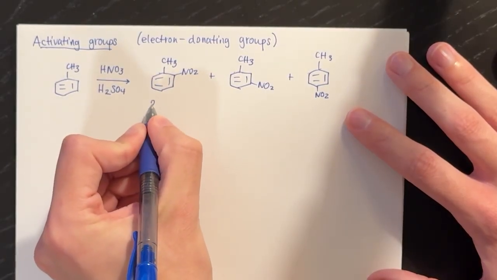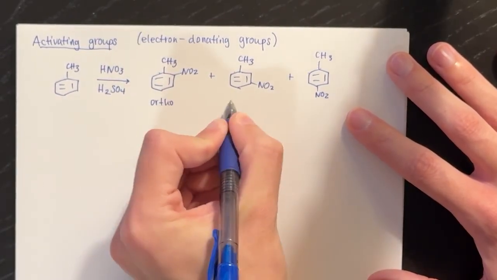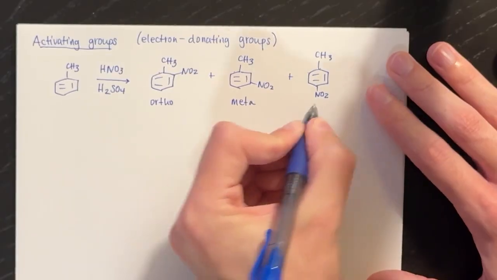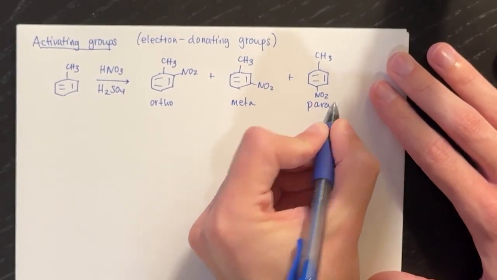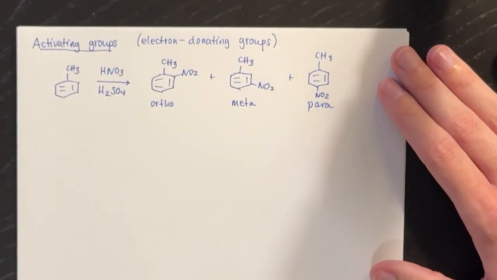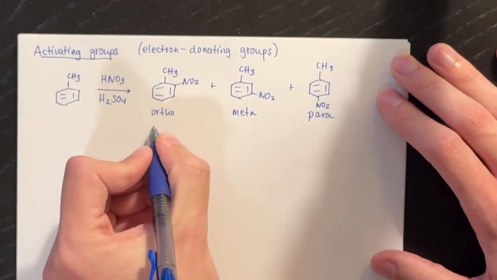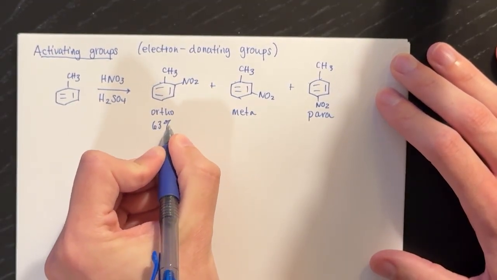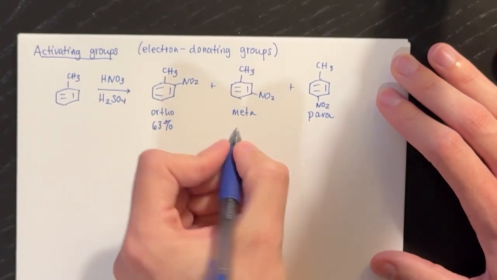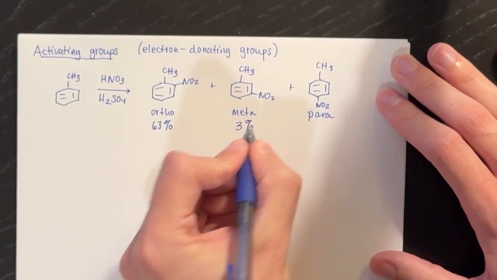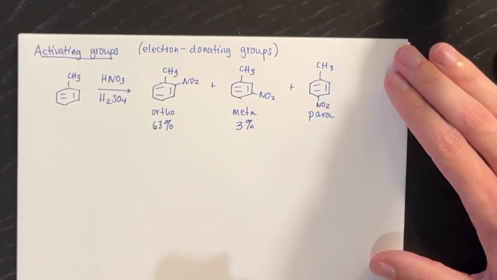But these are ortho, meta, and para. And these form in a bit of an interesting ratio. Ortho 63% for this particular reaction. Meta would just get 3%, essentially nothing.